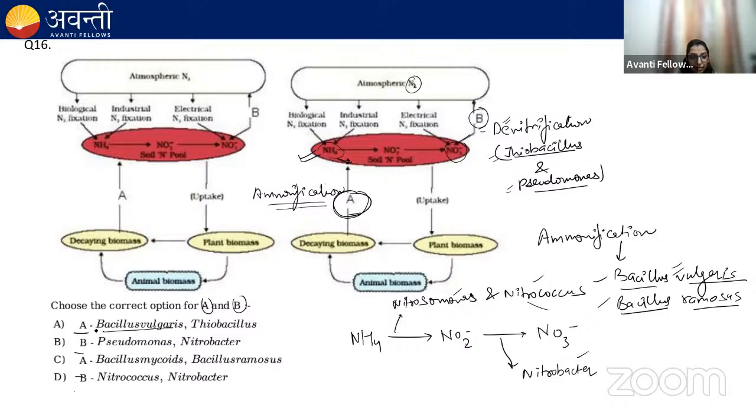The bacterium involved in ammonification is Bacillus vulgaris, but Thiobacillus is involved in denitrification, so that option is not it. B says Pseudomonas, but not Nitrobacter. C says A is Bacillus mycoides and Bacillus ramosus, and B says Nitrococcus and Nitrobacter.